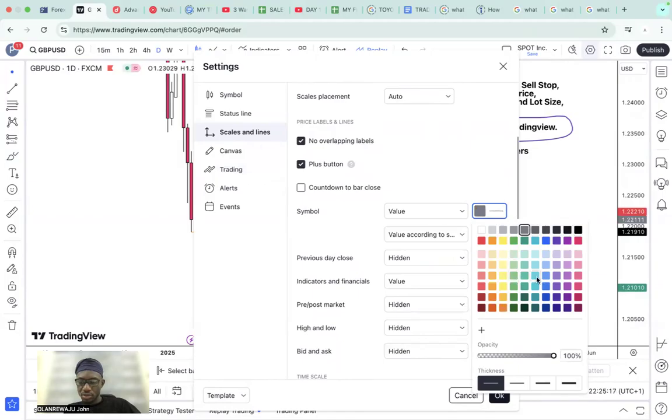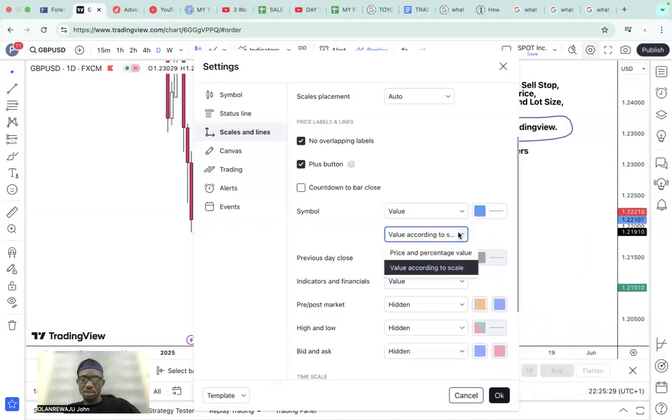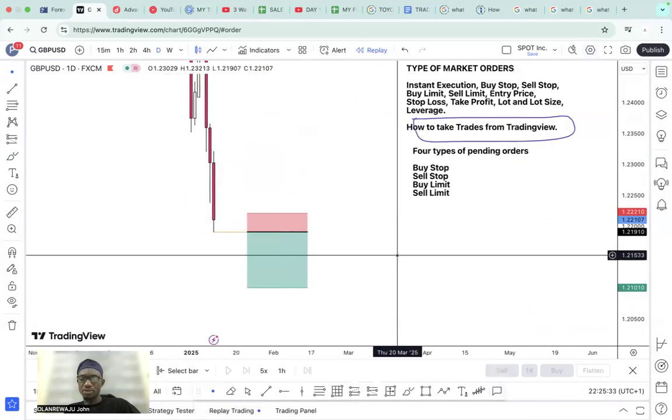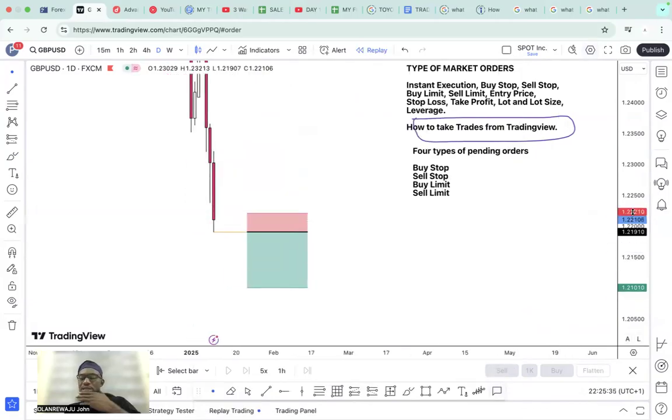Let us make it something neutral, something that has no relationship with the colors that are currently in play. Great. That's a very beautiful color. I believe we are together. So that red line is the price for the stop loss. The black line is the price for the entry, and the green line is the price for the take profit. So we have to take note of them.